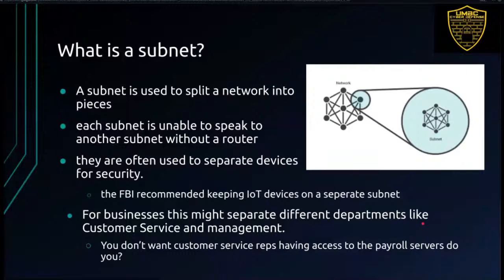But because they can't really communicate with the rest of your network, if an IoT device is compromised, it's probably not going to completely destroy everything on your network, which is quite nice.